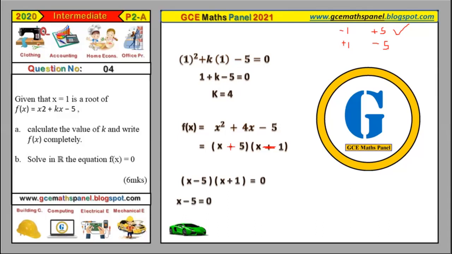We'll have x plus 5 equal to 0, or x minus 1 equal to 0.